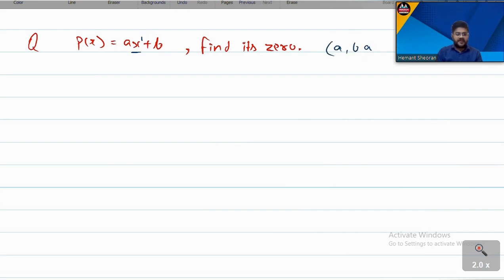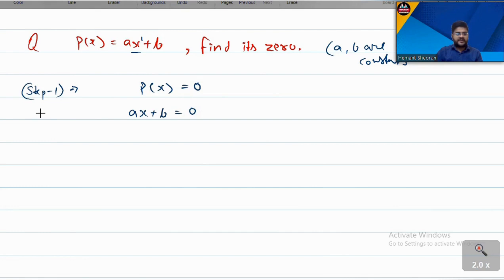So a and b are just constants, and x is the variable, so we check the power of that variable. It is just 1. So what was step 1? Equate the polynomial with 0 if you want to find its 0. So we are doing ax plus b equals 0.